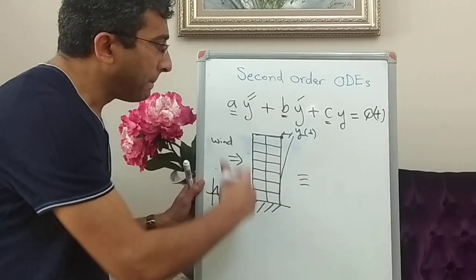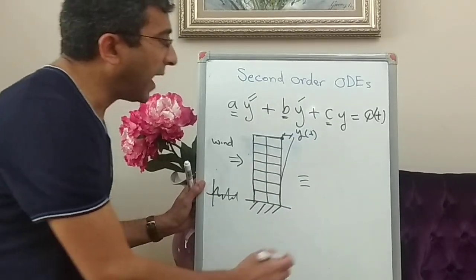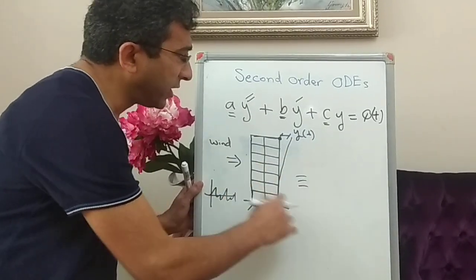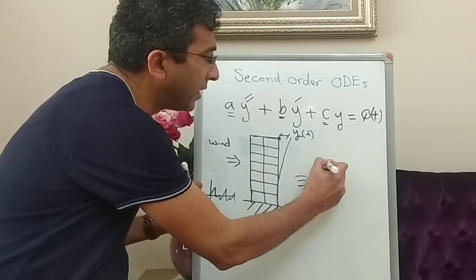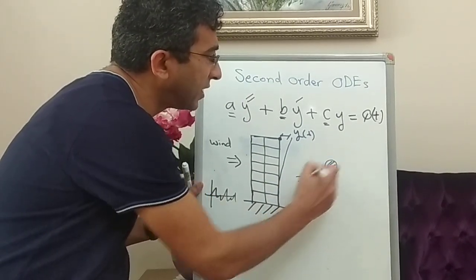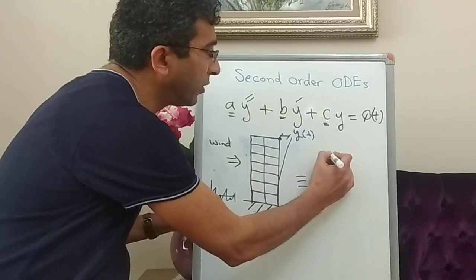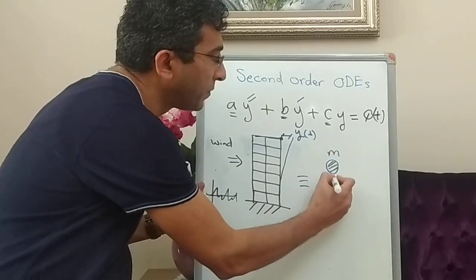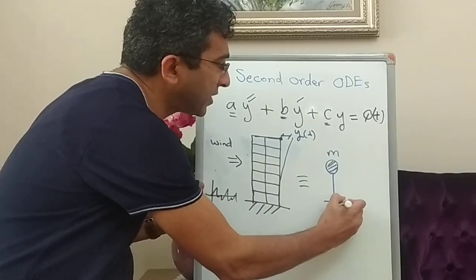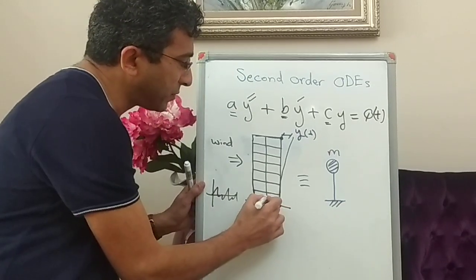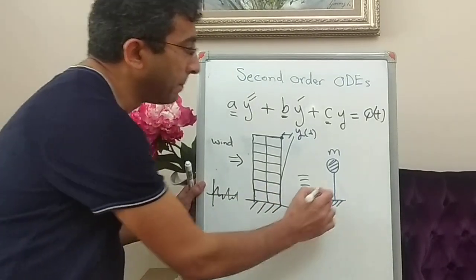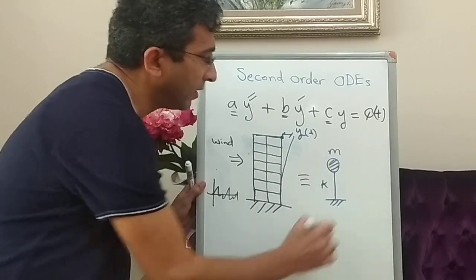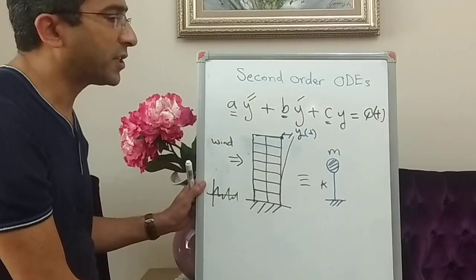So you may simplify this problem by modeling the total mass of the structure as one lumped mass. We call it the effective mass. And all the stiffness of the columns and beams as one effective stiffness K.